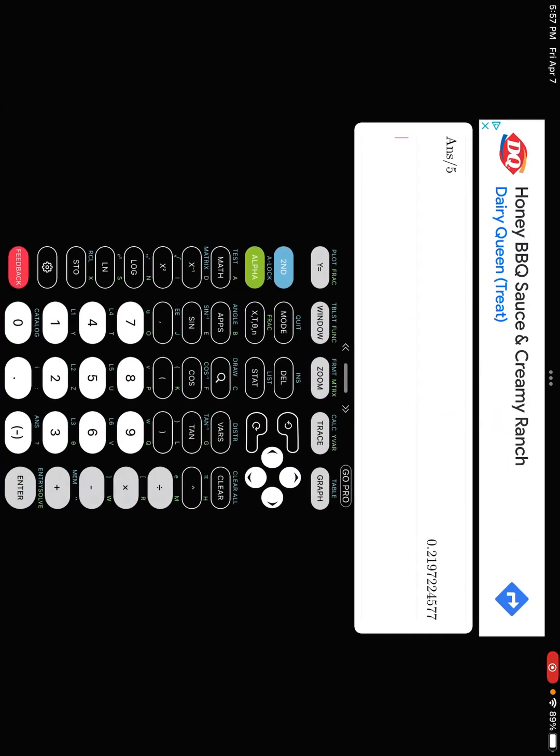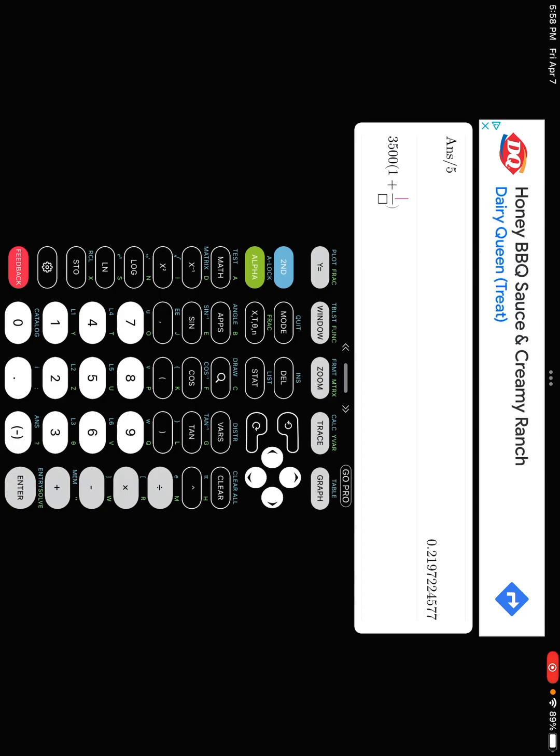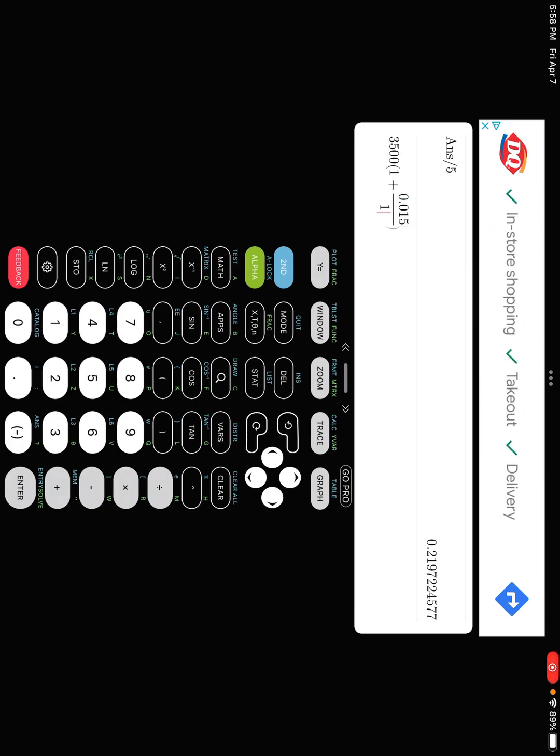All right, so let's see, 3,500. 1 plus, make a little fraction here, 0.015 over 12. So this is just really a calculation that we're doing. All right, and I got power of 60.